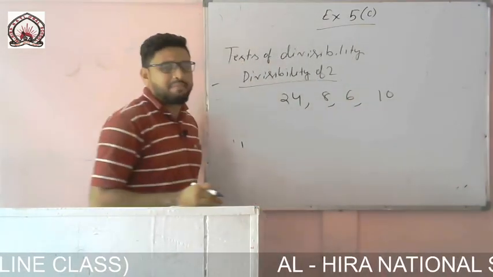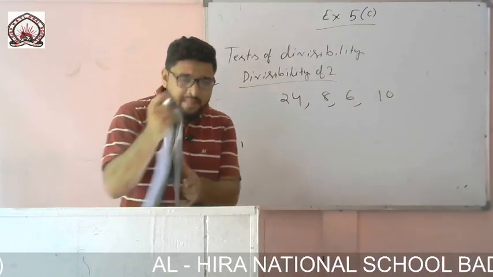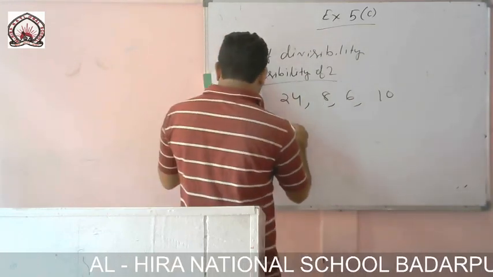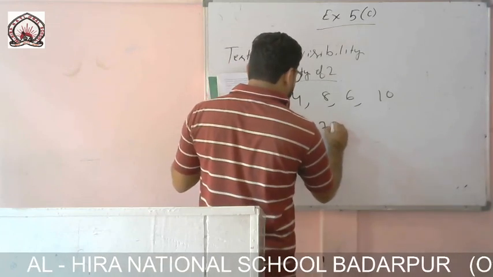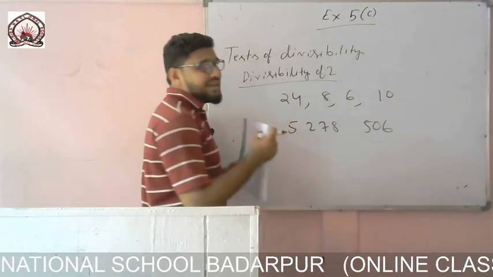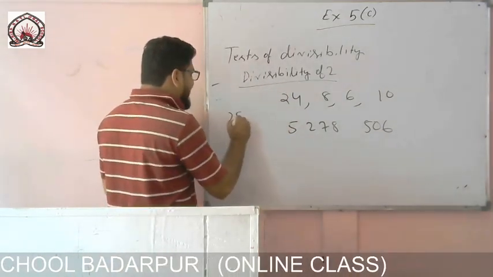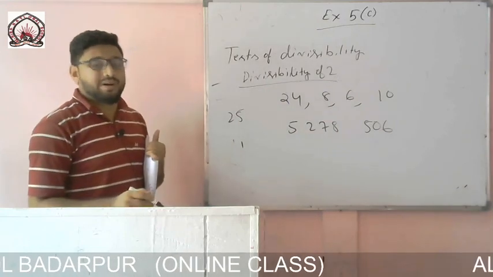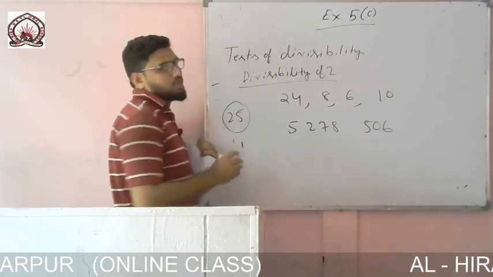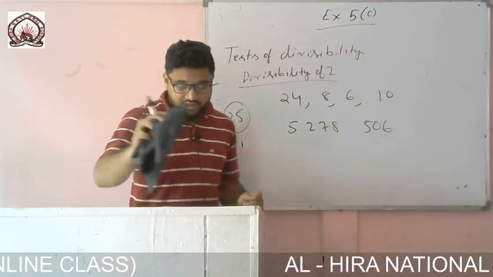These are all divisible by 2. Suppose a big number 5278, then 506. These are all divisible by 2 because all are even numbers. But if I write 25, then it is an odd number, so it is not divisible by 2. Understood? Now come to divisibility of 3.